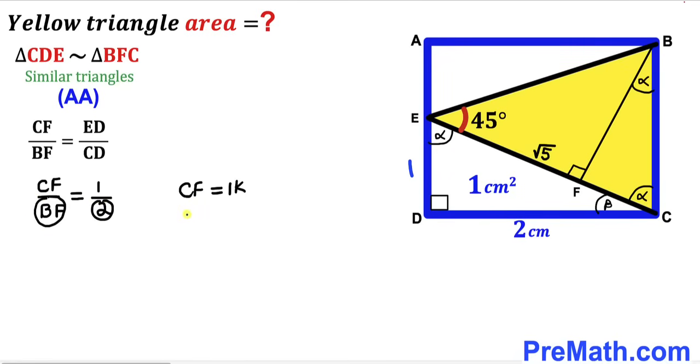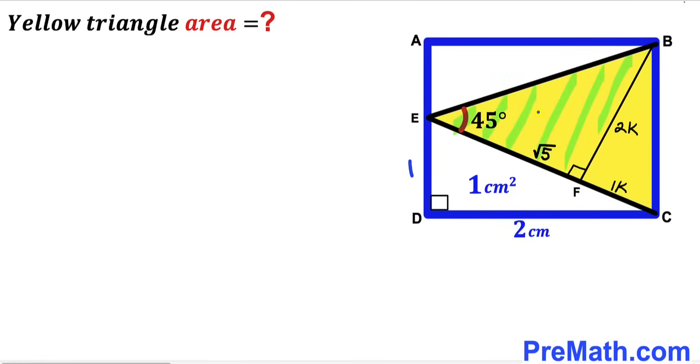So I'm going to write down BF equals 2 times some constant k. And now our task is to calculate the value of this constant k. So we could see that this CF segment length is going to be 1 times some constant k, and this BF length is going to be 2 times some constant k.